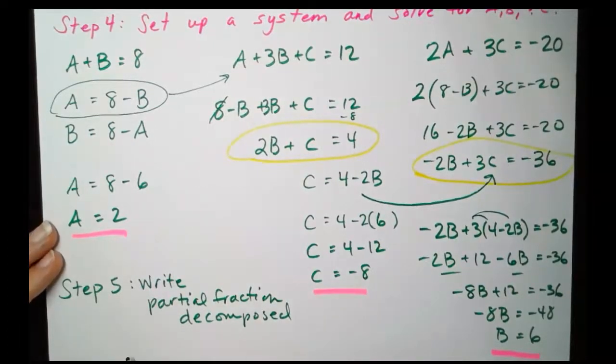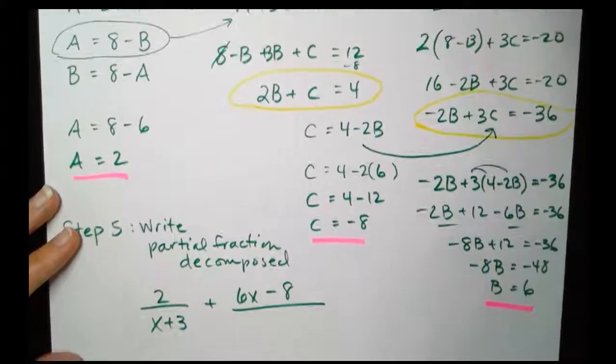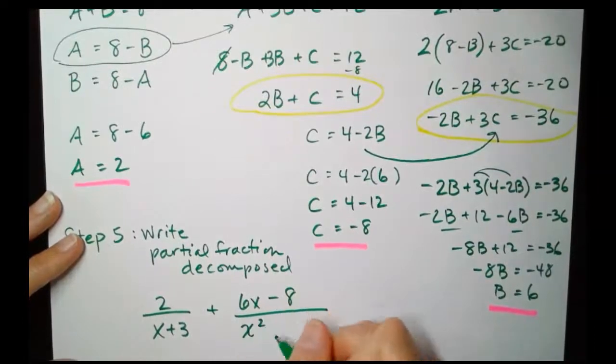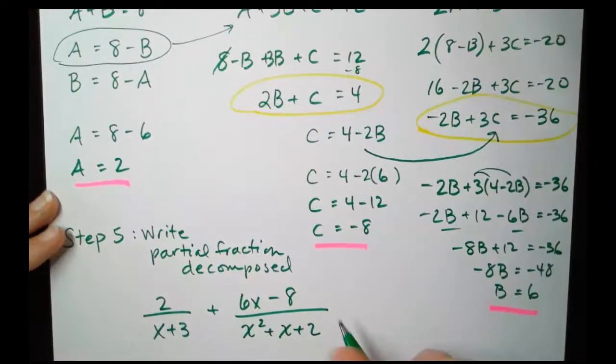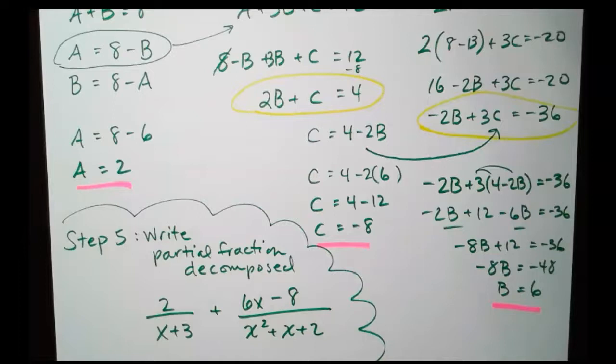So it was A, which is 2 over x plus 3, plus Bx plus C, so C is negative, so 6x minus 8 over that quadratic factor, that's x squared plus x plus 2. So this is our answer right here, writing out the partial fraction decomposed. 2 over x plus 3, plus 6x minus 8 over the quadratic factor x squared plus x plus 2. That's case 3.